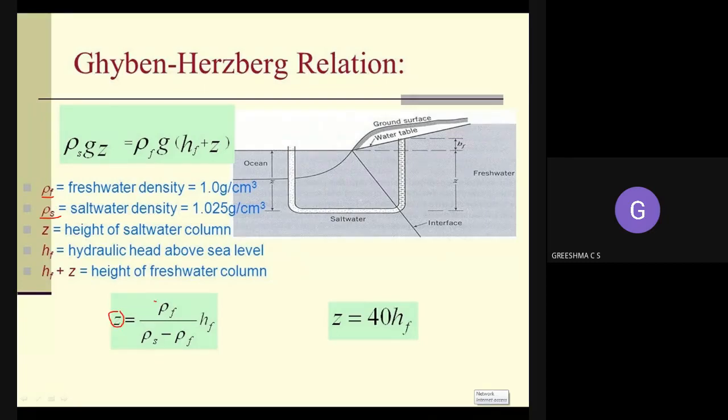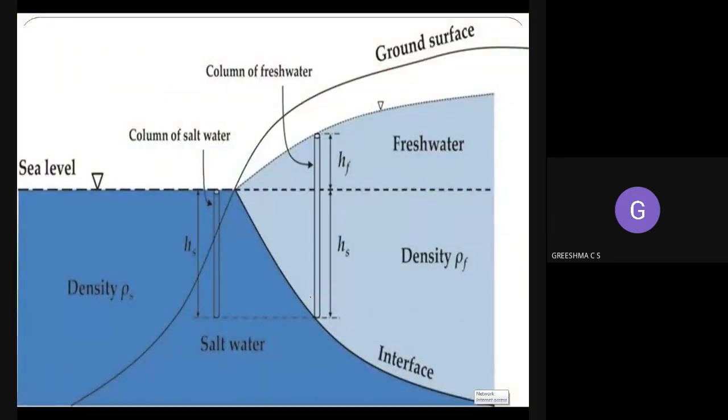Rho f stands for the density of fresh water, f standing for fresh water, and rho s stands for the density of the salt water. Now what it is actually stating is that Z is equal to 40 h f. What does it mean? We'll study this equation.